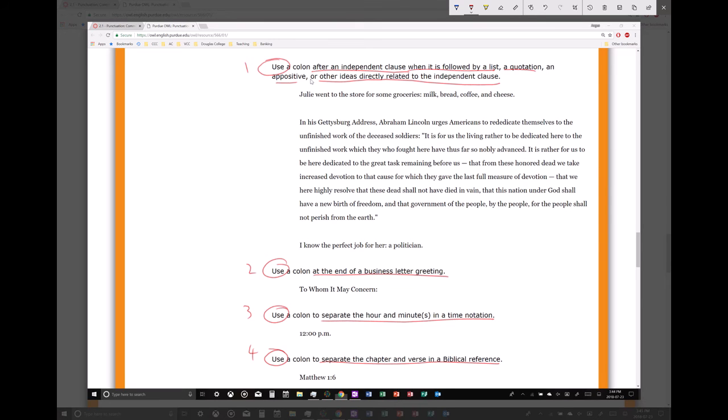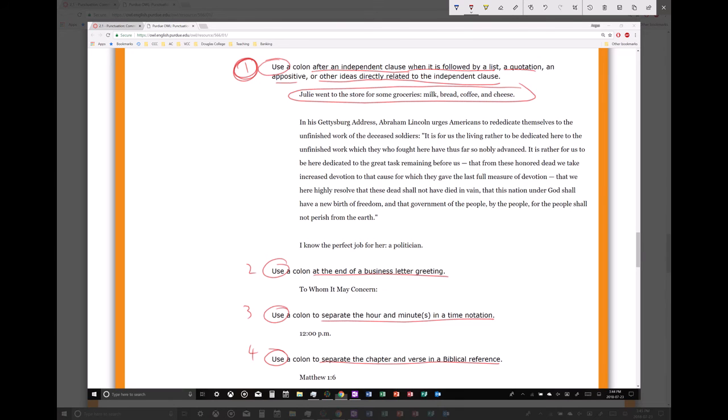Some of these you may use for your academic writing. Some of these you may not. For example, you may or may not read the Bible. Probably not use it for this assignment or in your course. So that's probably one you won't use. However, this is probably an important rule that you may use in a list, you see.